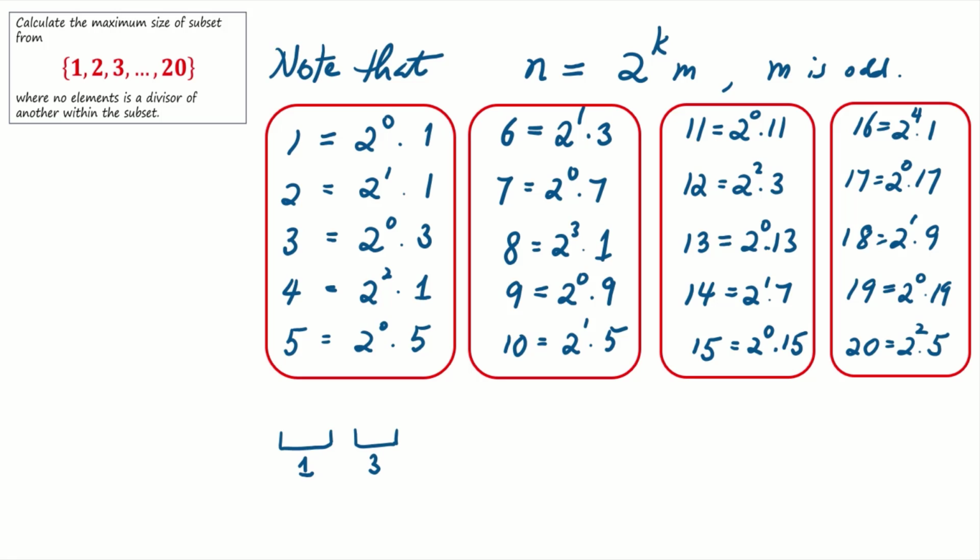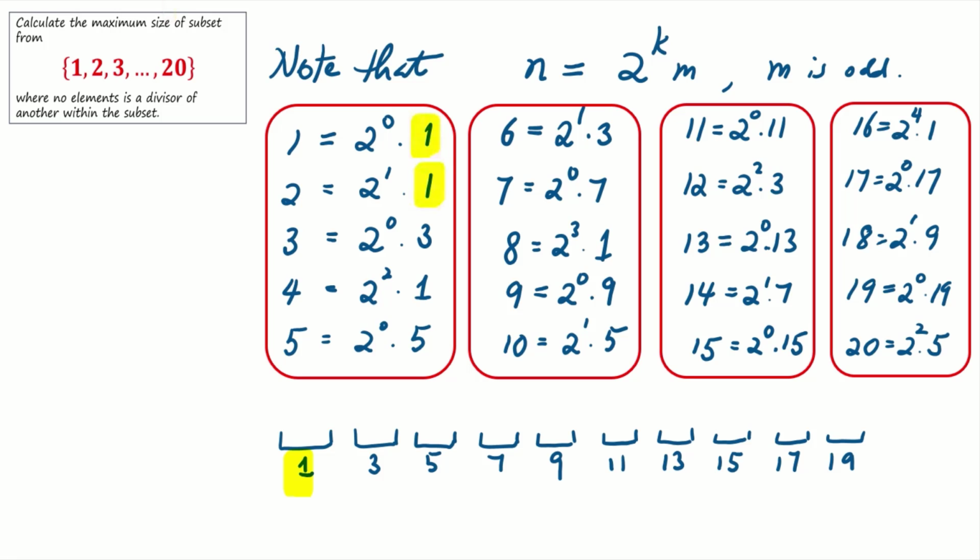Focusing on the odd number m, which ranges from 1 to 19 for our integers, we group all integers with the same m value. For example, integers with m value 1 are 1, 2, 4, 8, and 16. They are all grouped together.